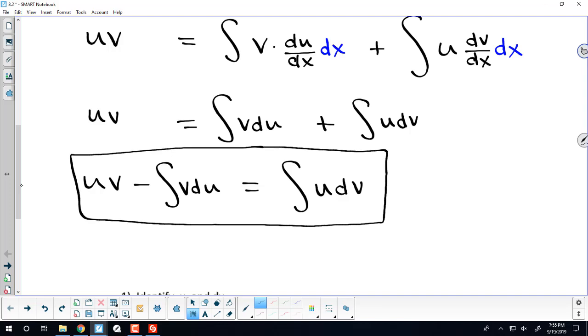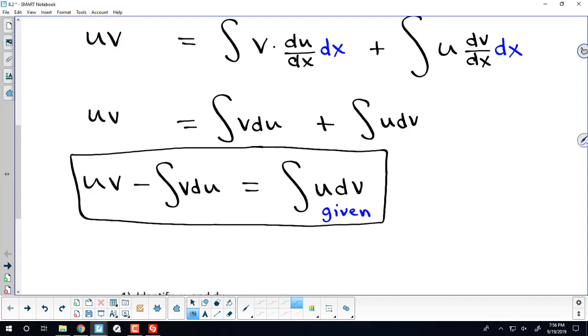I know it doesn't look initially helpful, so let me identify what we're actually working with. We're given this integral u dv. So that's the thing they give us to find the antiderivative of. And again, remember that dv is actually dv over dx times dx. So we have a function and a derivative here with u and dv.